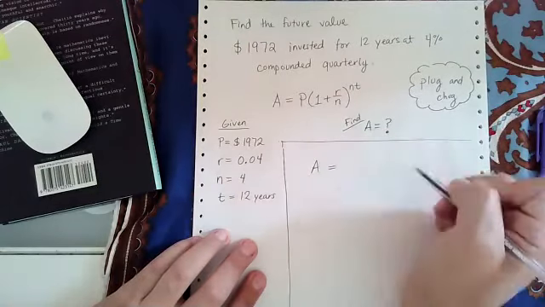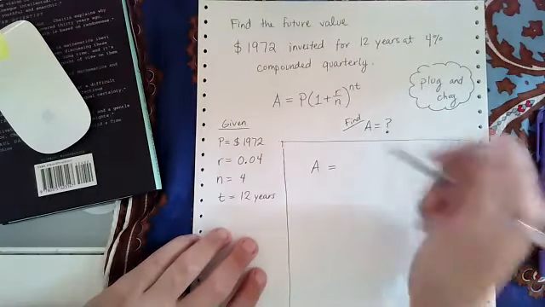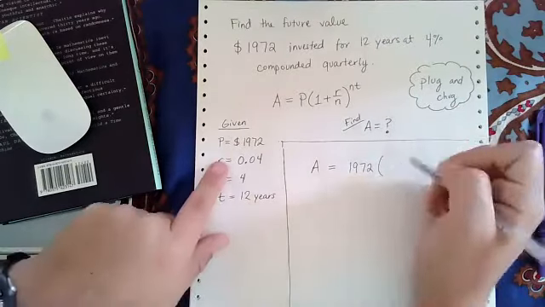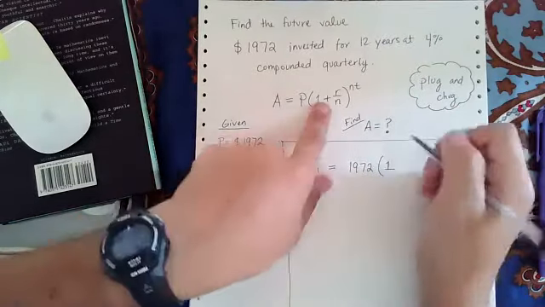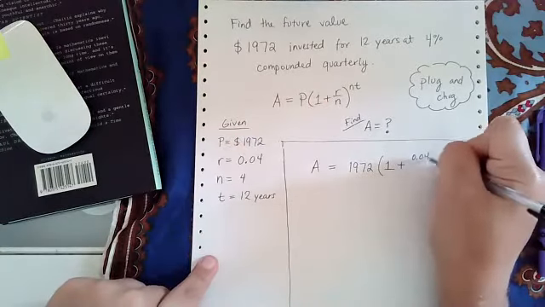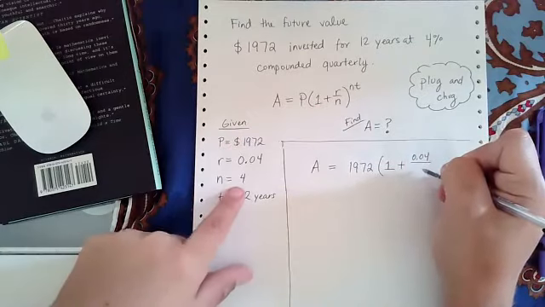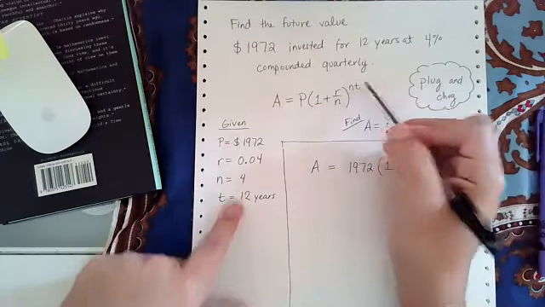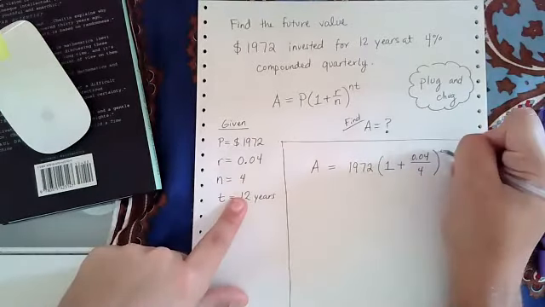So we have A is equal to, and I'll go ahead and set this up, 1972 times (1 plus 0.04 over 4) raised to the NT, which would be 4 times 12.